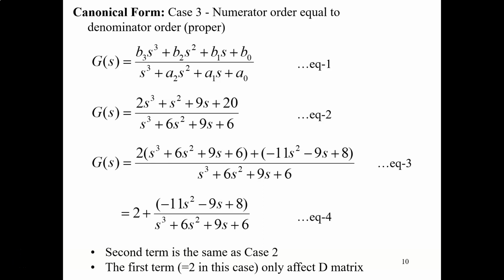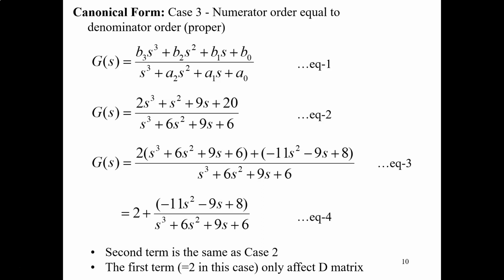Let's continue. In the previous two examples, we looked at how to convert transfer functions into state space differential equations, or state space representation of a system. Now, in the first case, the numerator is 1, or a constant, and it's straightforward.